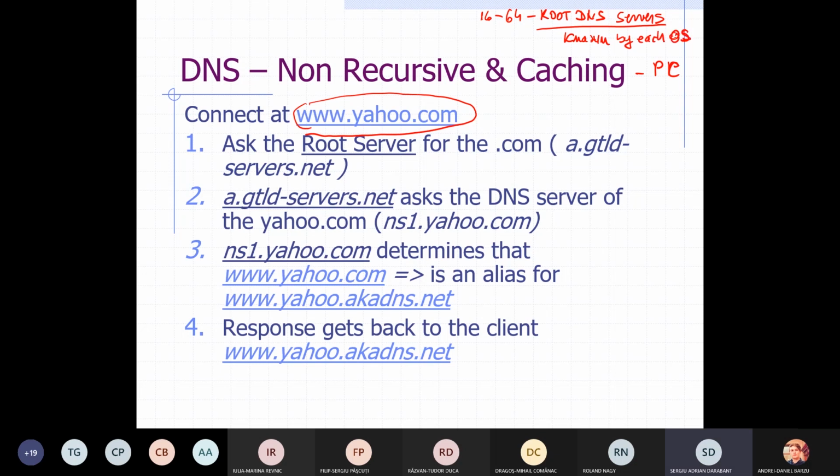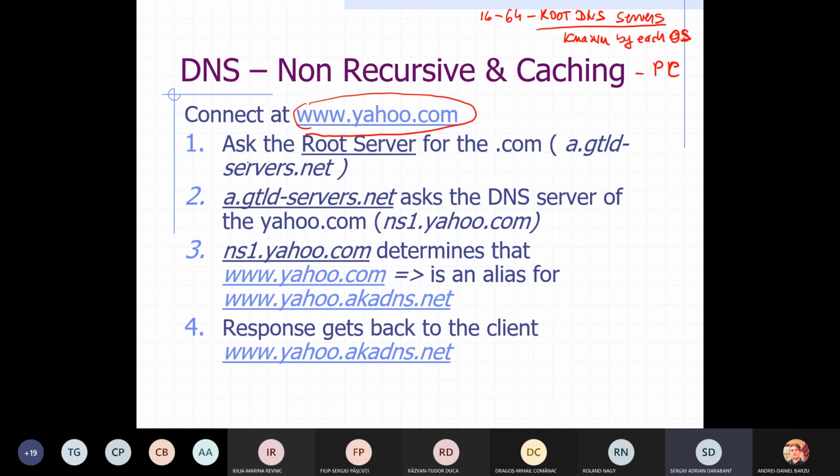Each operating system has a list of static IPs of at least 8 root DNS servers. Normally those do not change, but they don't keep information about a lot of things. The information that they keep is just about the top level domains.